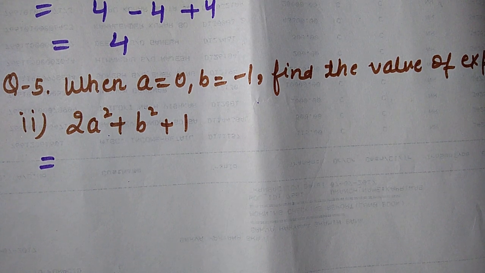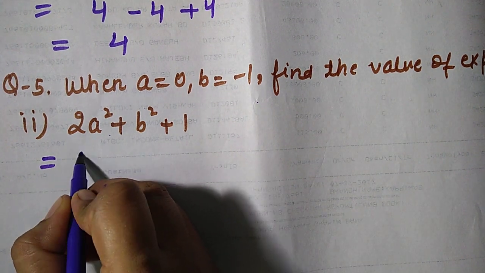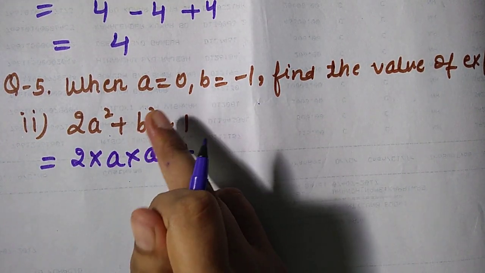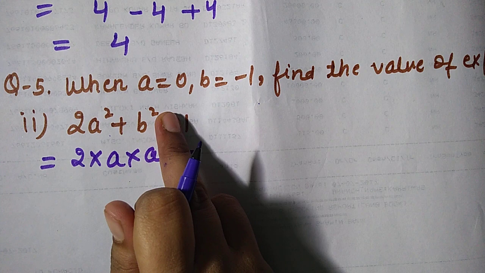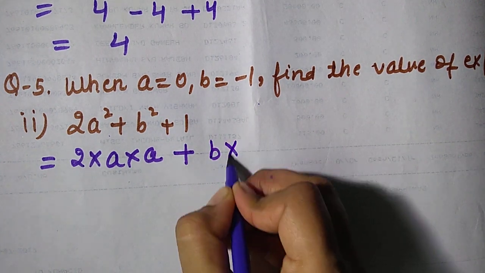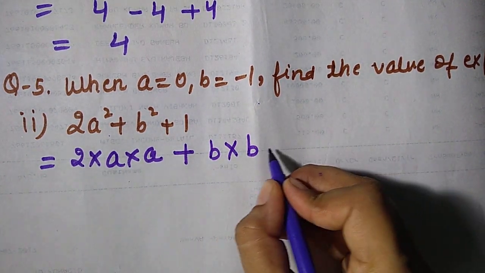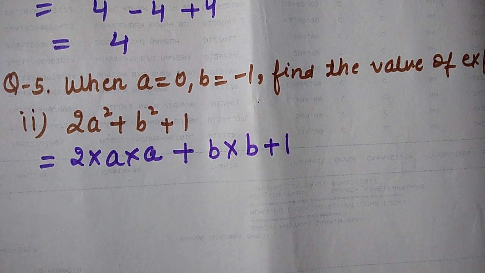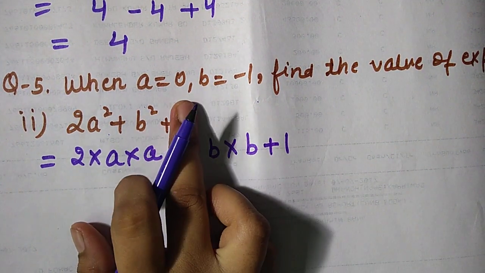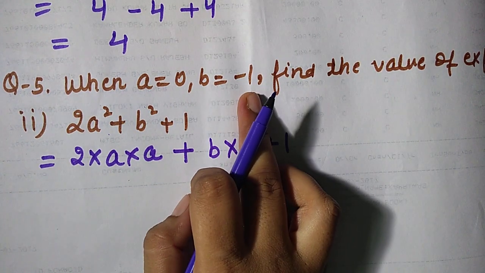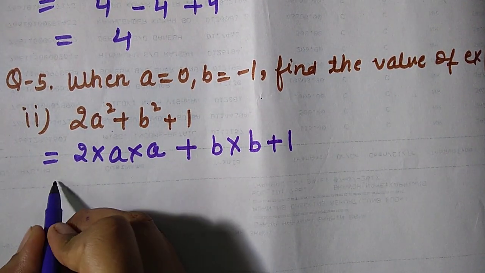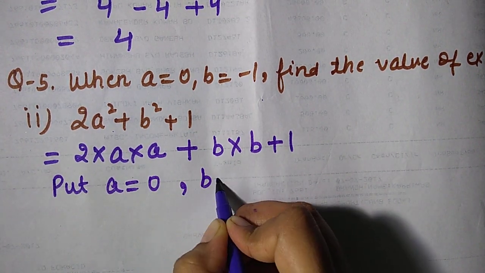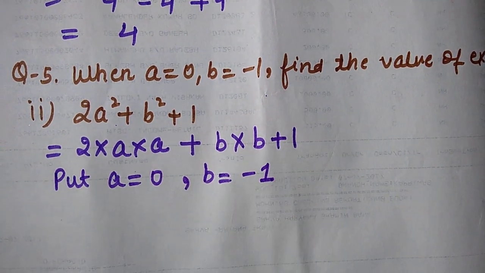So it can be written as 2 into a plus b square, which means b is multiplied 2 times, and plus 1 is already given, so it will remain same. Now in place of a I will put 0 and in place of b I will write minus 1. So put a equals 0 and b equals minus 1 in the given expression.